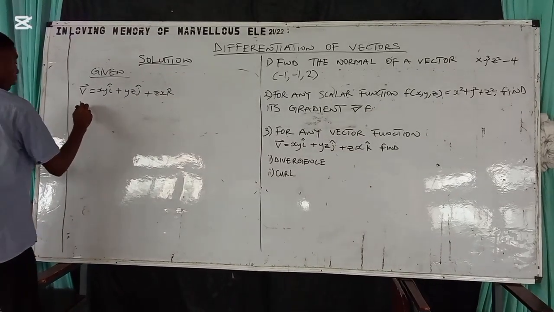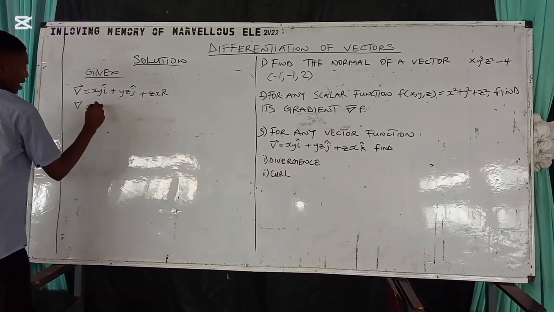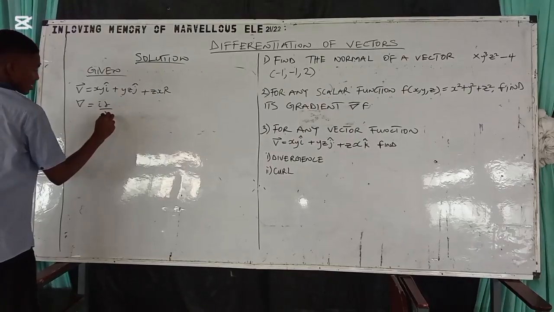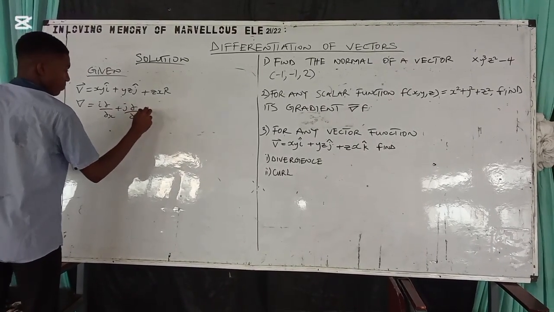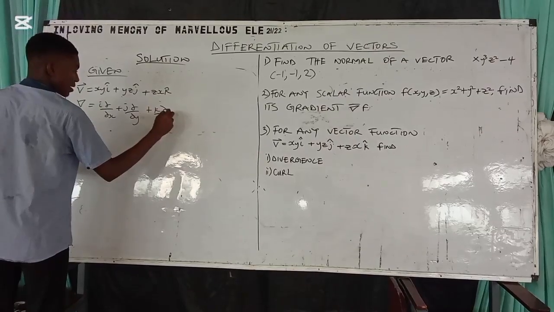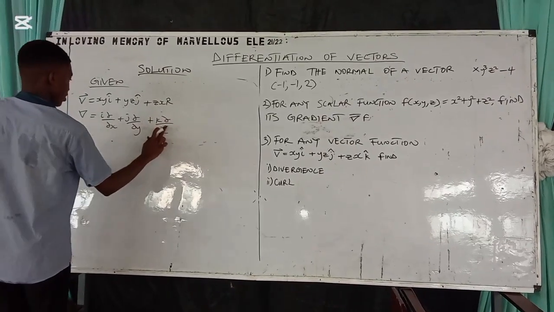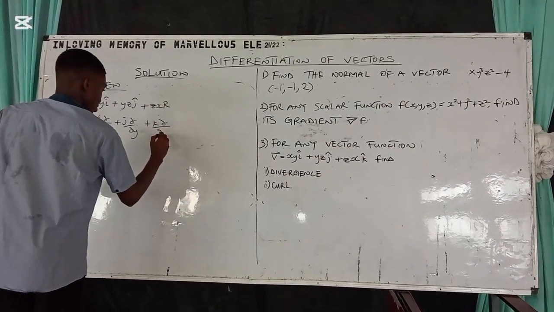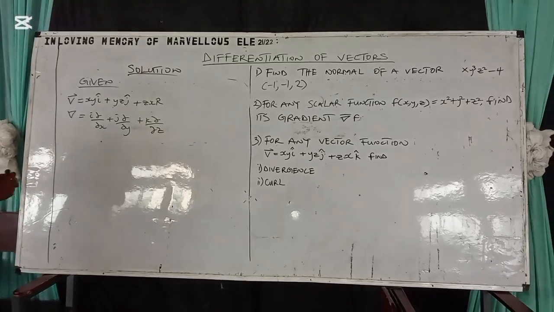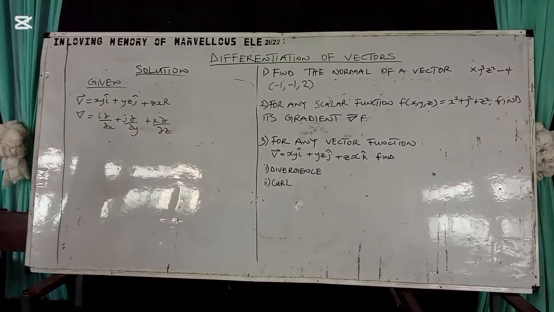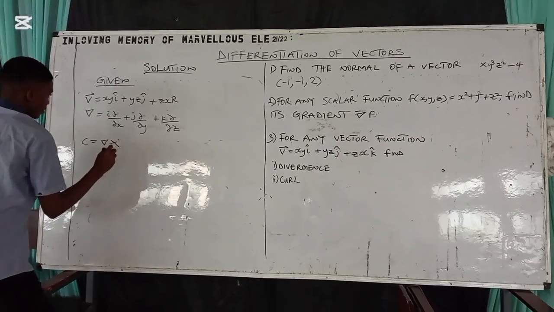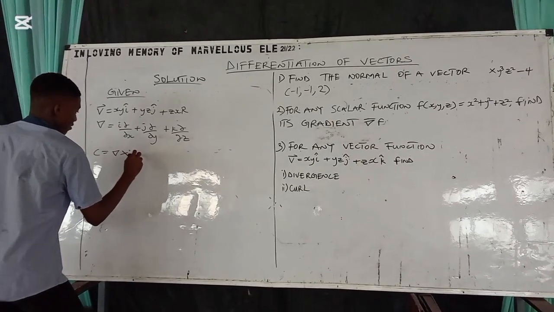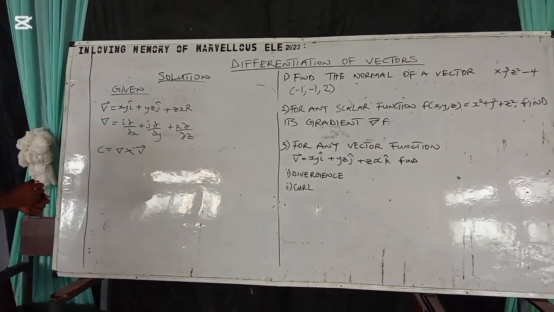And our vector operator, very important: i partial respect to x plus j partial respect to y plus k partial respect to z. As I said, curl is cross product. So let's see, C equals vector operator cross the vector itself.